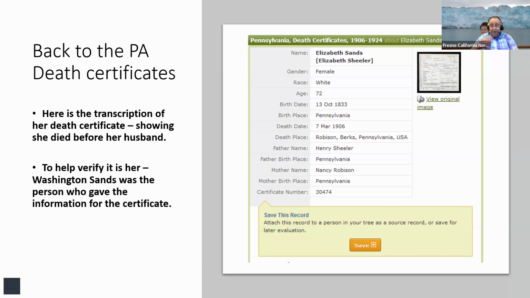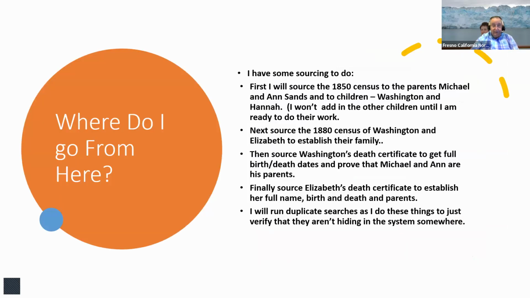I really appreciated that. But seriously, I did appreciate that it was there because it gives me her parents' names, Henry Sheeler, Nancy Robinson, and the family member that supplied the information was no less than Washington Sands. So everything was verified.